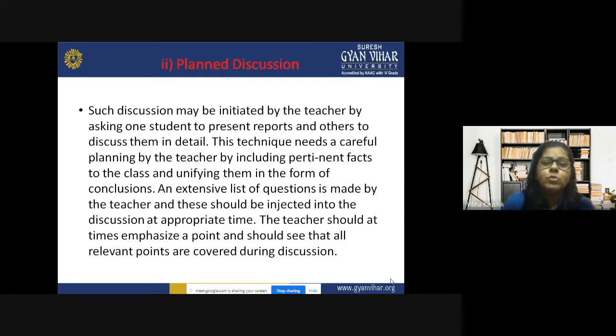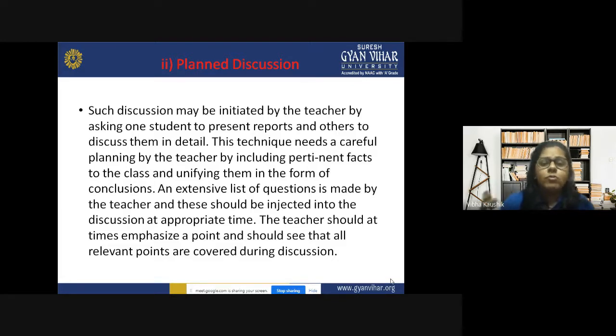This technique needs careful planning. When the teacher is going to use the planned discussion, it has to be done in a very careful manner by including pertinent facts to the class and unifying them in the form of a conclusion. An extensive list of questions is made by the teacher, and these should be injected into the discussion at the appropriate time.